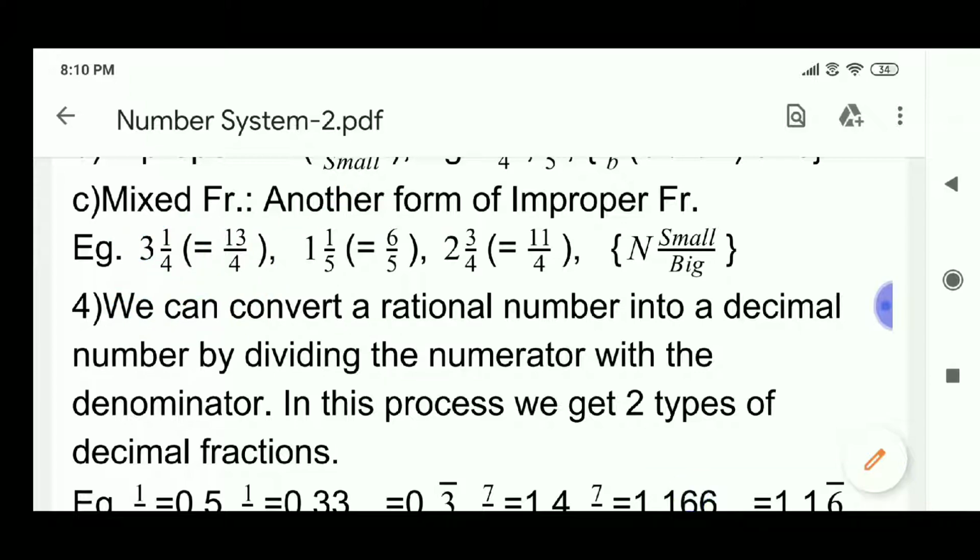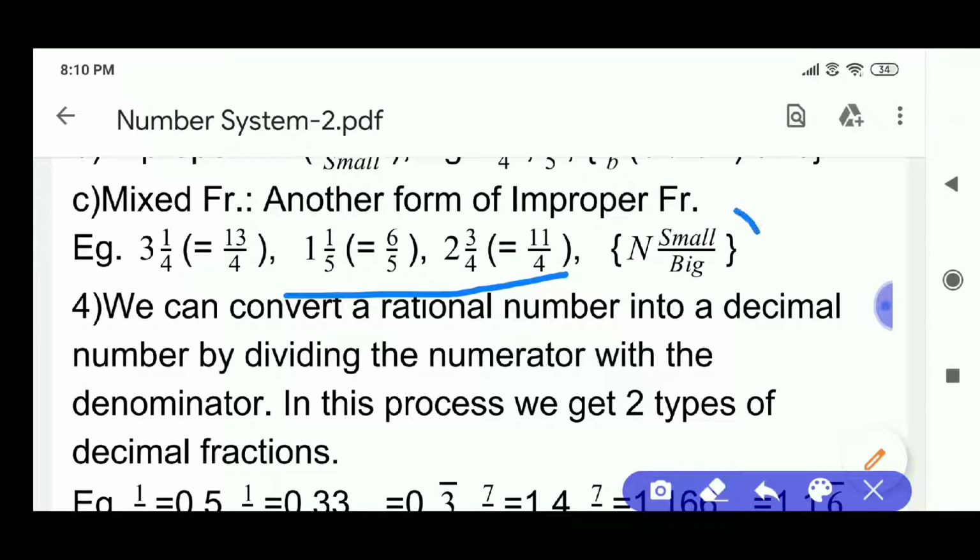Similarly, 1 and 1 by 5 is equal to 6 by 5 and 2 and 3 by 4 is equal to 11 by 4. The form of mixed fraction is integer and proper fraction.